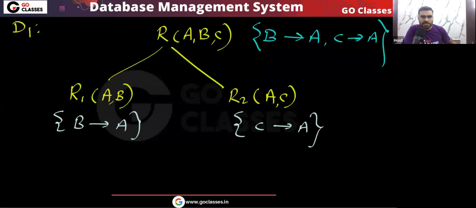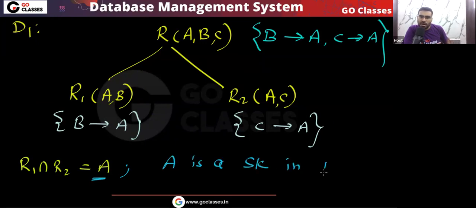Now you can easily see that this decomposition is lossy, because the common set of attributes, that means A, is not a super key in R1 or R2. Yes or no? The common set of attributes R1 intersection R2 is A, and you can easily see that this A is not a super key in R1 or R2.